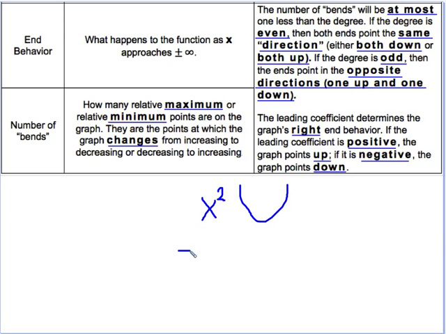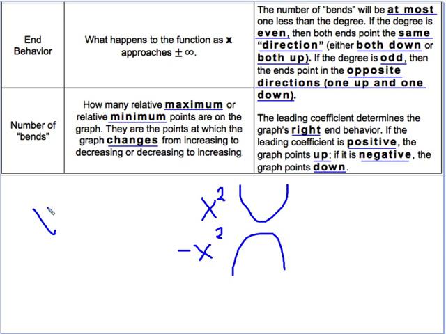If I had negative x squared, my graph would look something like this, and both of them would point down. In both cases, the end behaviors are the same: they're either both pointing up or both pointing down.